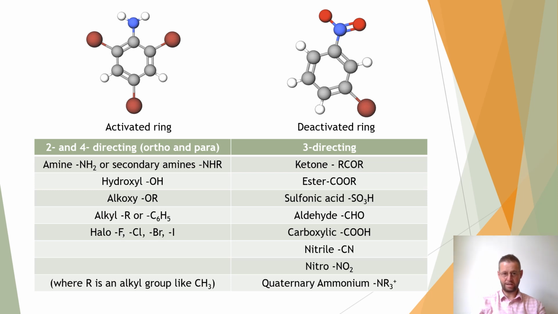Hydroxyl groups, OH, alkoxy groups, an oxygen connected to an alkyl group. And then alkyls themselves. So basically, if you stick a long chain alkane attached or something like that, fine. That will also have the effect of making that place activated. And of course, the halogens themselves have a slight effect of this activation.